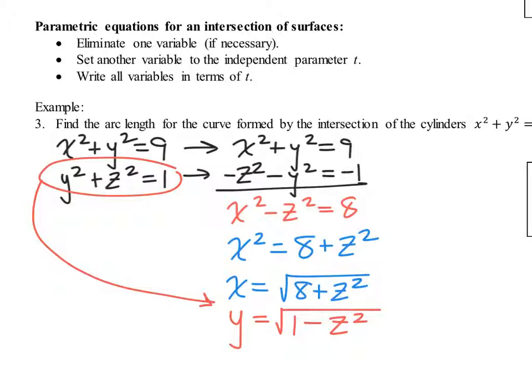The only thing that's missing is a relationship between z and z. Because I have a relationship between x and z, a relationship between y and z. I need a relationship between z and z. Well, that's easy enough because z is the same as z. So z equals z.